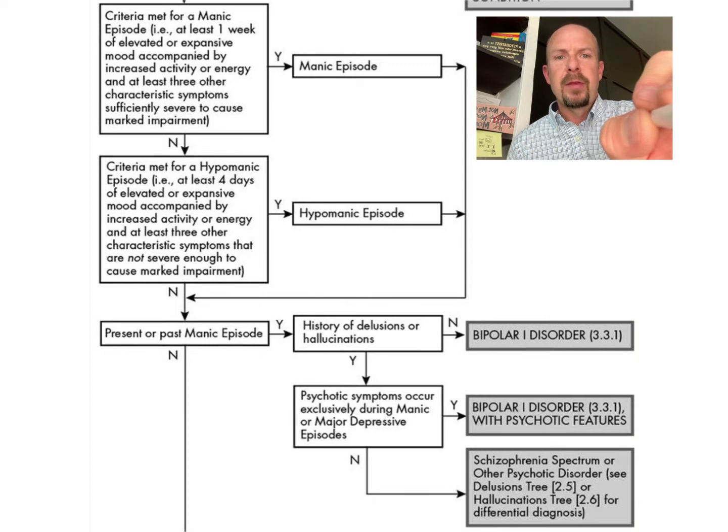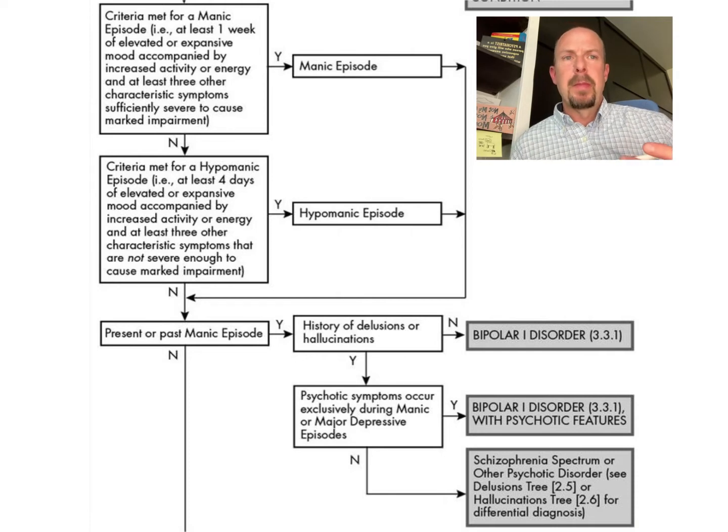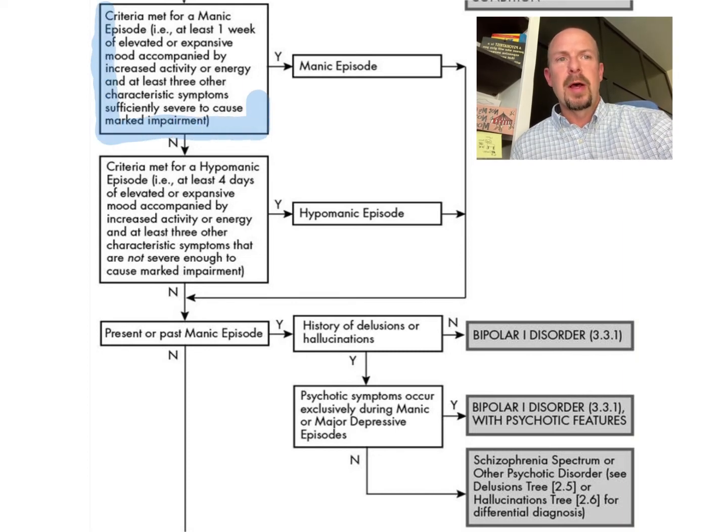Let's say at this point, for the sake of argument, that the criteria for a manic episode has been met, which, if we've studied up, means at least a week of elevated or expansive mood, which is our original symptom, accompanied by increased activity or energy, and 3 other characteristics that would cause severe or marked impairment.